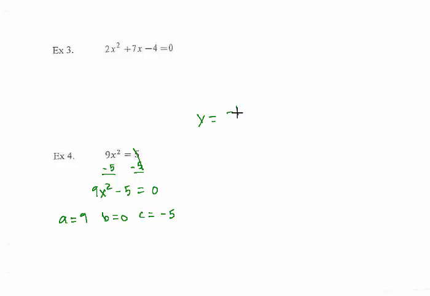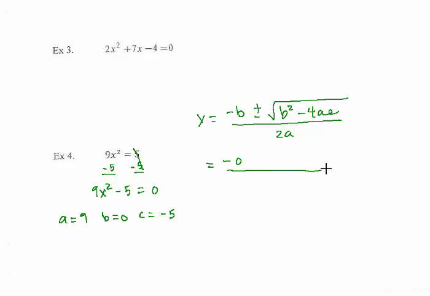So we write negative b plus or minus the square root of b squared minus 4ac over 2a. First part of the numerator is a minus 0, so it's not going to have an effect on our solution.